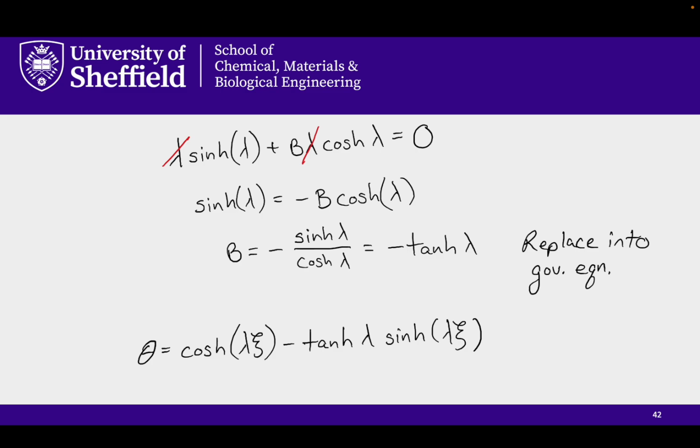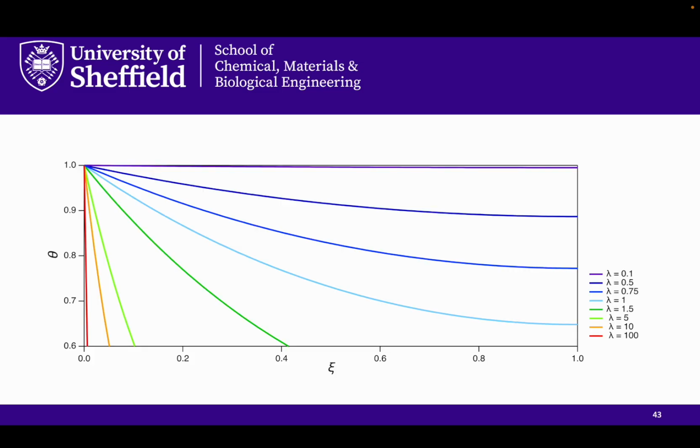We can leave this in its non-dimensional form, and that's what we'll do for now, but you could also just replace the variables theta and xi to redimensionalize it if you wanted to use it with dimensional boundary conditions. Let's have a look at this solution.